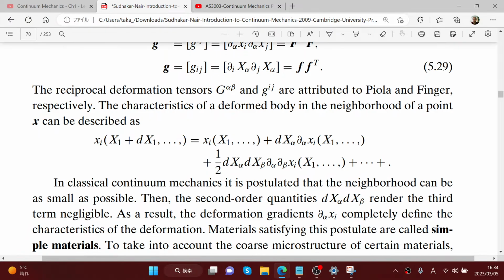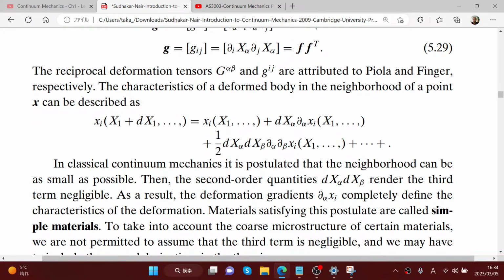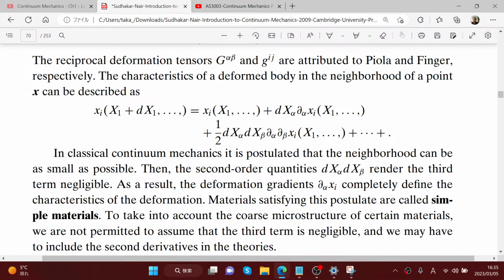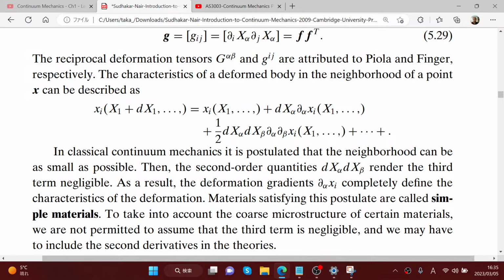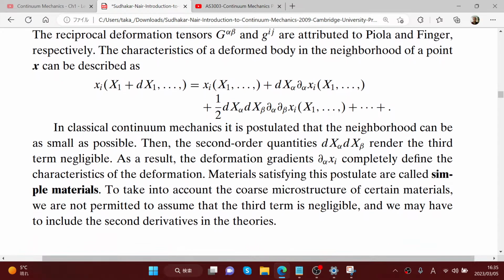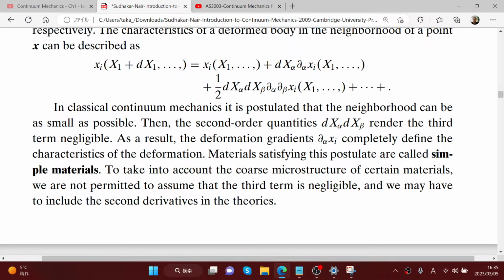The reciprocal deformation tensors G alpha beta and Gij are attributed to Piola and Finger respectively. The characteristics of a deformed body in the neighborhood of a point X can be described as something like this.